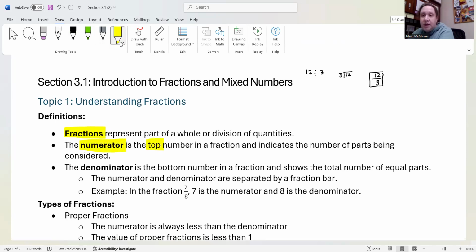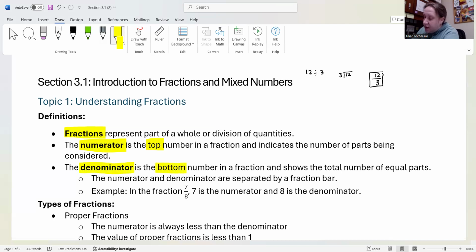And more importantly, it indicates the number of parts being considered. So remember, one of the definitions of a fraction is it's a way to represent part of a whole. So a whole being this whole entire thing, and we're going to break it into a certain number of pieces. How many are we considering? That's the numerator. Now the denominator is the bottom number in a fraction and shows the total number of equal parts. So let's think about what that means.